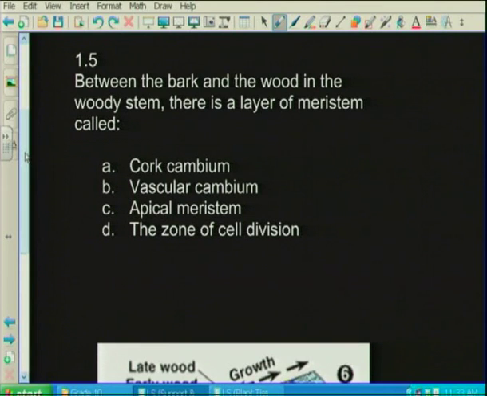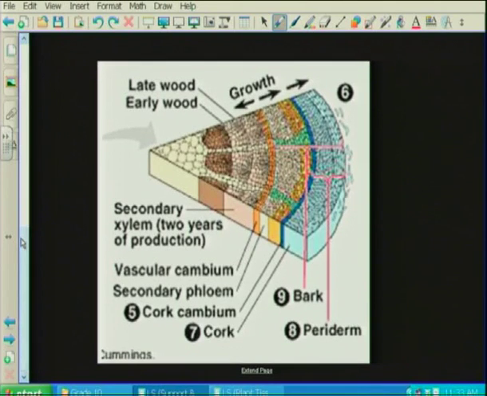Between the bark and the wood, in the woody stem, there is a layer of meristem called what? So we're looking between the bark and the wood. Immediately we're talking about a stem, so we're going to look at the structure of our stem again. Let's start from the outside. You have your periderm, you have your bark right there.